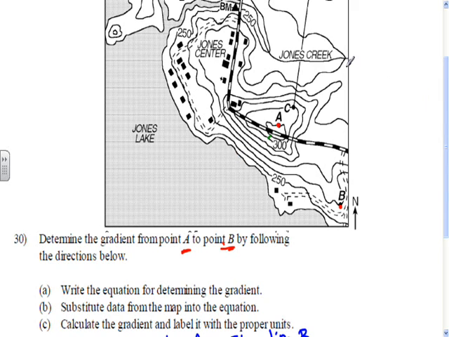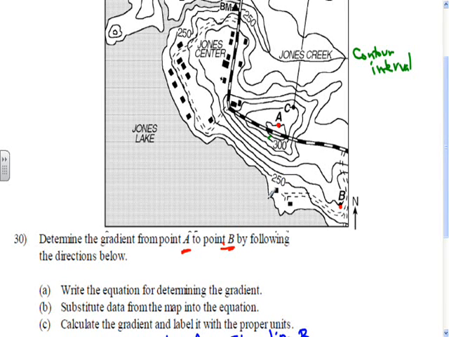First of all, you have to find the contour interval. To do this, as I explained in class, take two numbers, for example 250 and 300, and do guess and check. Meaning, you guess a number.